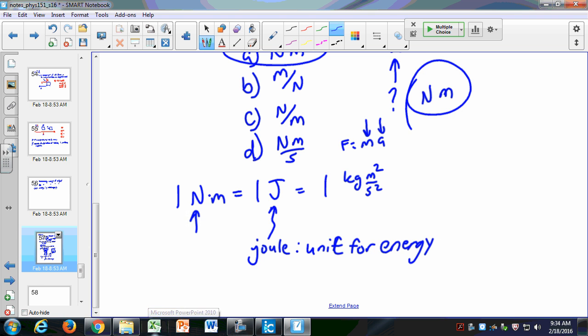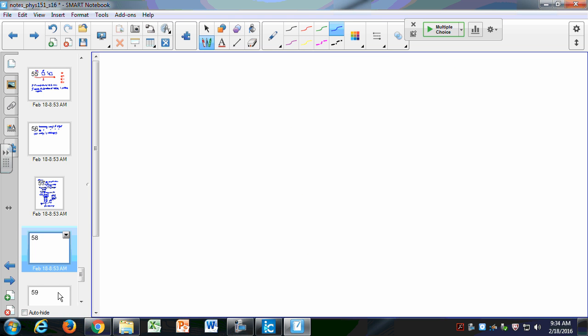Okay, one more thing, and then we'll go outside for a few minutes. There's another thing. We'll come to this later, but I wanted to introduce it here, called power. Power is work over time, or energy over time.